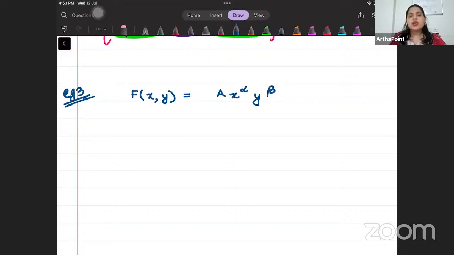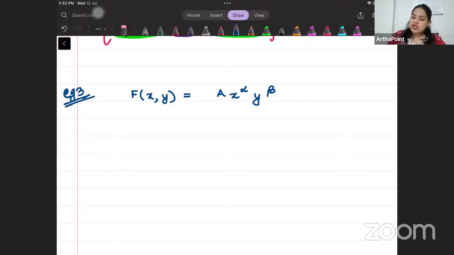Such functions are called Cobb-Douglas function. ठीक है? Cobb-Douglas functions have this property, you will talk about this in microeconomics, that they represent well-defined indifference curves also. अभी नहीं समझना इस बात को, but बाद में ये बहुत ही useful रहेगा.